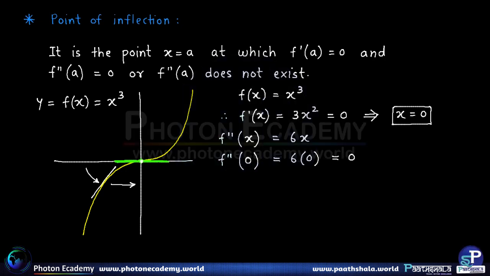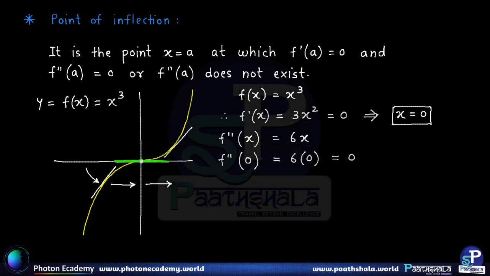Now what happens if we go to the right side of point x equal to 0? There once again we'll see that the tangent goes up, that is, its slope is positive, and it will remain positive throughout. So the slope of the tangent remains positive to the left side as well as to the right side of the point where we obtained first derivative equal to 0, isn't it?